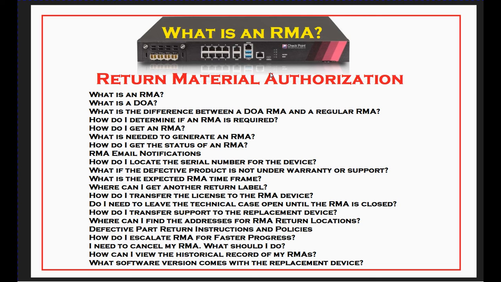Your production traffic starts working, and you want to identify why the failover did not happen. So you need to troubleshoot that, and if required, take the help of Check Point tech as well.